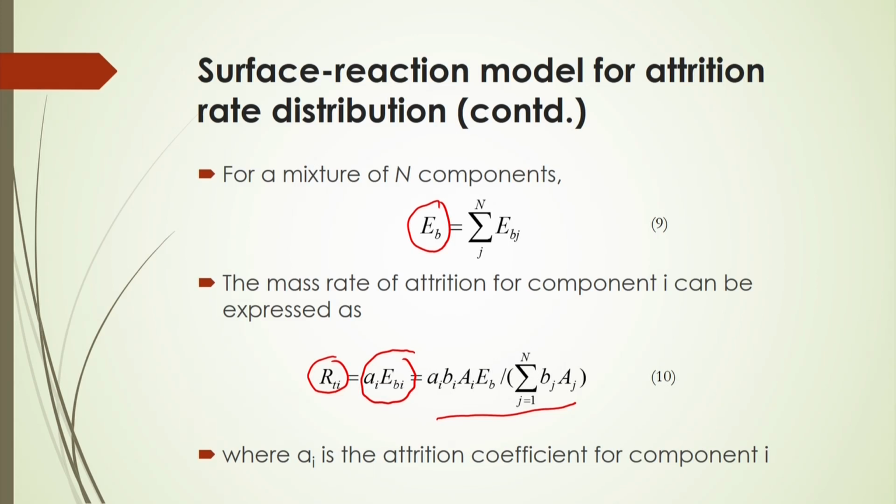In this case, one coefficient is coming, A I here. This A I is the attrition coefficient for component I. So, the mass attrition rate for the component I can be expressed in terms of the total energy, or you can say the total energy can be calculated based on the energy required for that individual component.